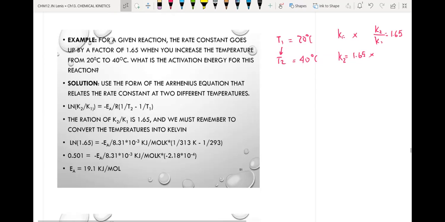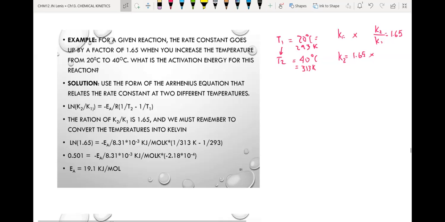What temperature is this? In Kelvin, that's 293 Kelvin. And this is 313 Kelvin, where you add 273 to the Celsius value. Now we have the data.